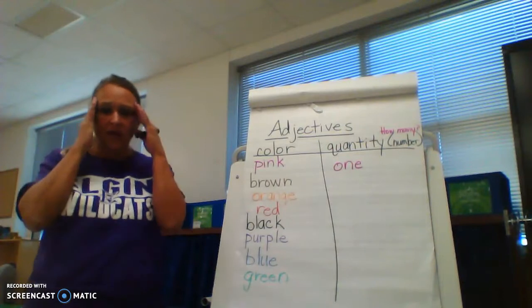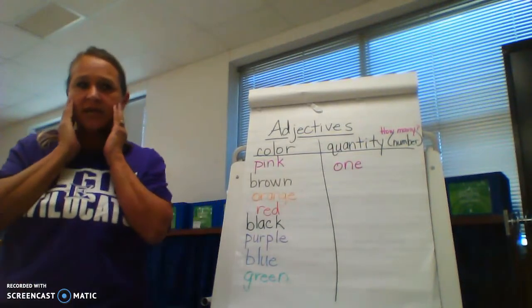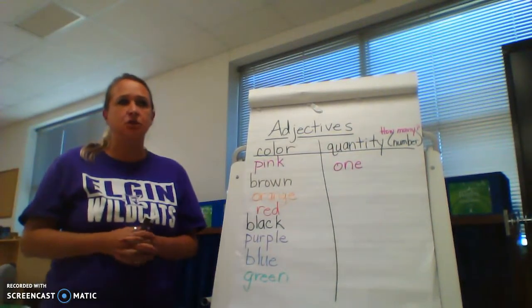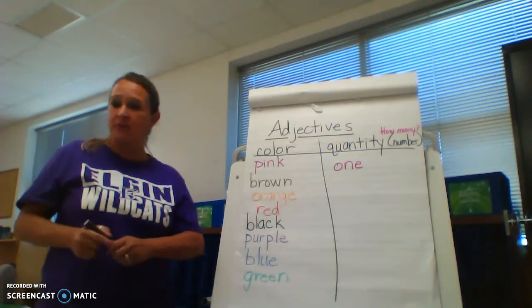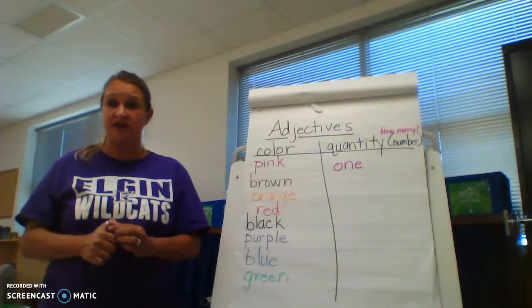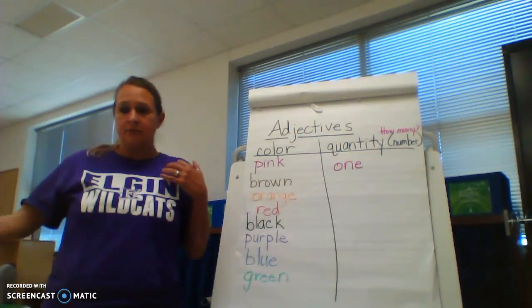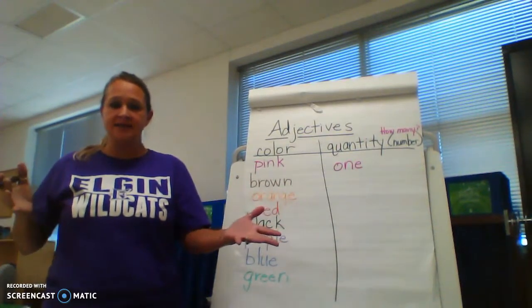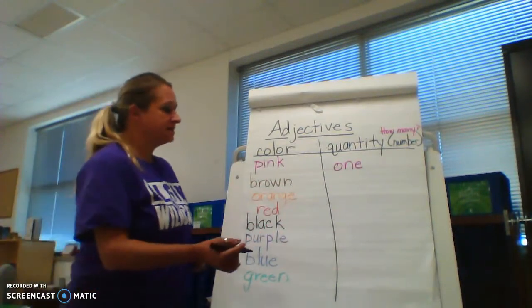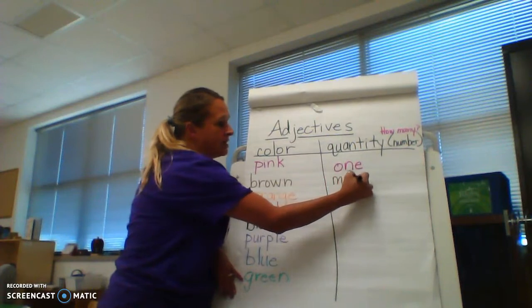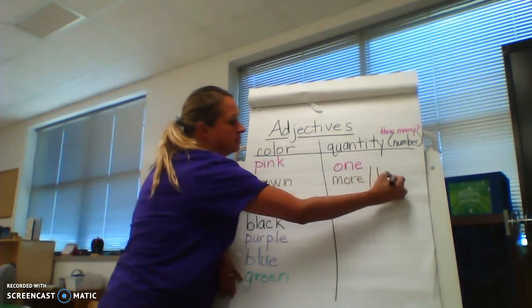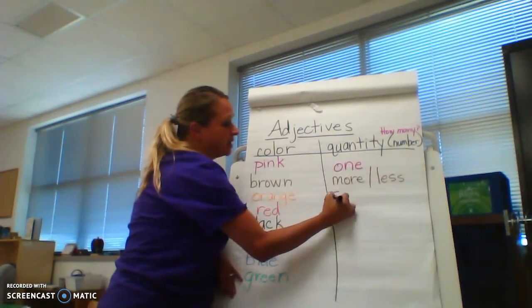So think real hard. What is a word that sometimes you hear that talks about how many? It may not be an exact number, but it tells you if it's more or less, right? So we can say more, less, some.